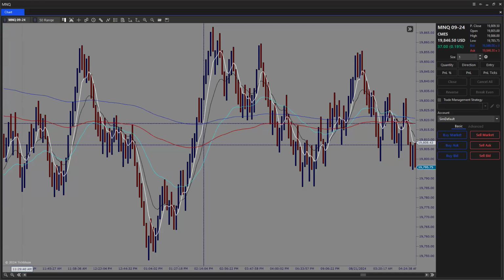TradingView is different too on the EMAs. The EMAs on TradingView are probably more similar to the NinjaTrader.